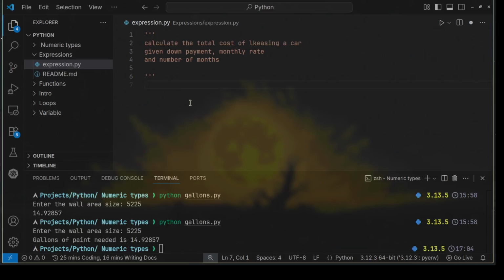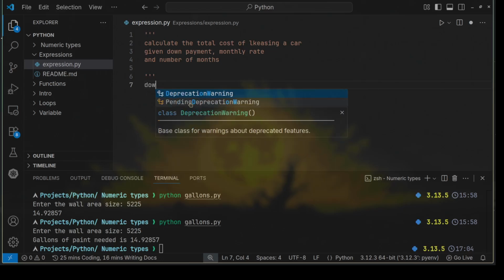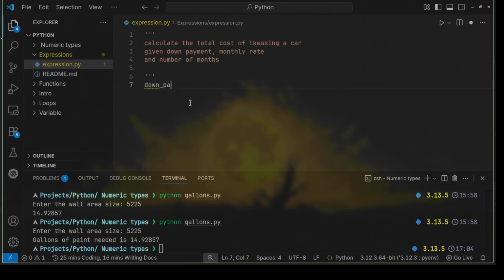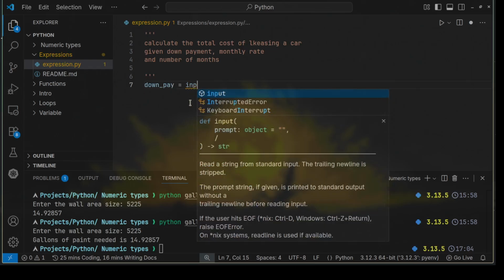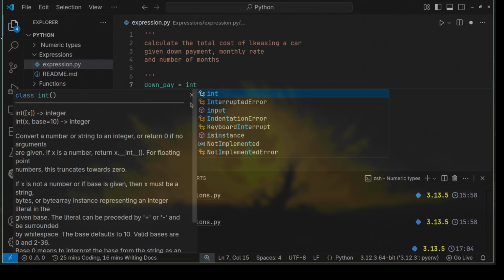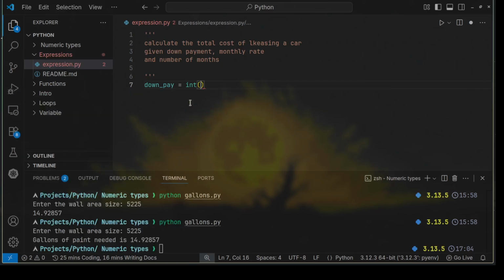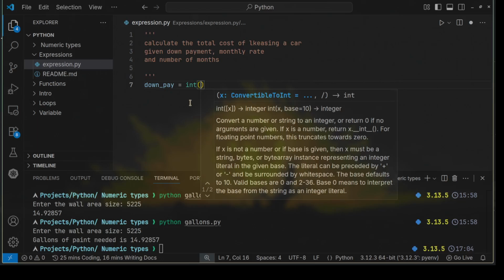Yeah, let's get started. So we have a down payment. Down pay is equal to the down payment they are going to pay. Remember, initially we were working with float, but now we want to have it as an integer.